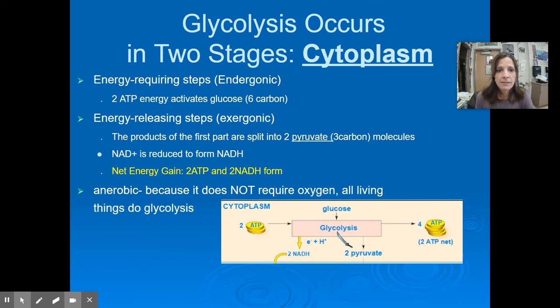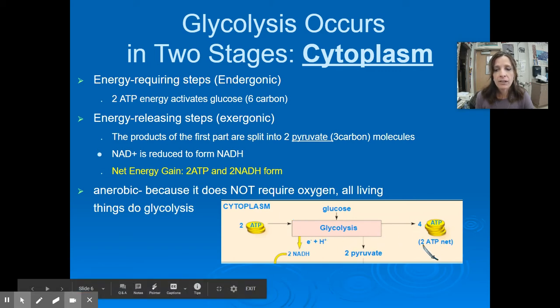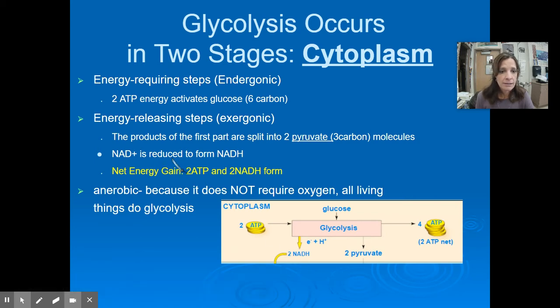Then what happens is the energy releasing step, so it's exergonic, and you actually get 4 ATP produced, so you have a net of 2 ATP. Also, electrons are getting pulled off of glucose and they get put onto NAD plus to reduce it and form NADH, which I call NAD.